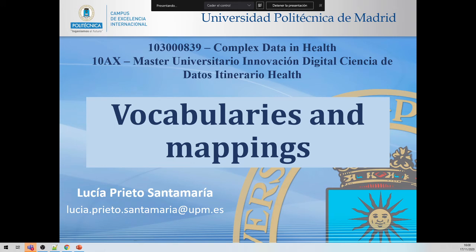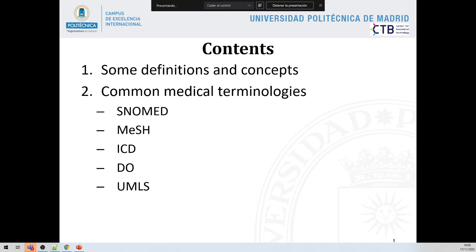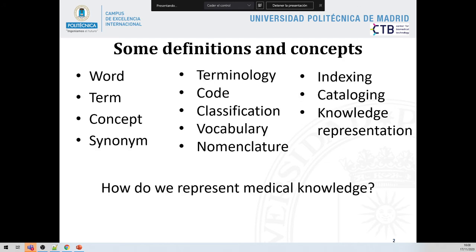I have just summarized it, because I put 5 common medical terminologies, but I guess that you know that there are many of them, depending on the country and the purpose that you want. Okay, so I put here some definitions, some concepts, but I'm not going to go through them all because I think you know them.